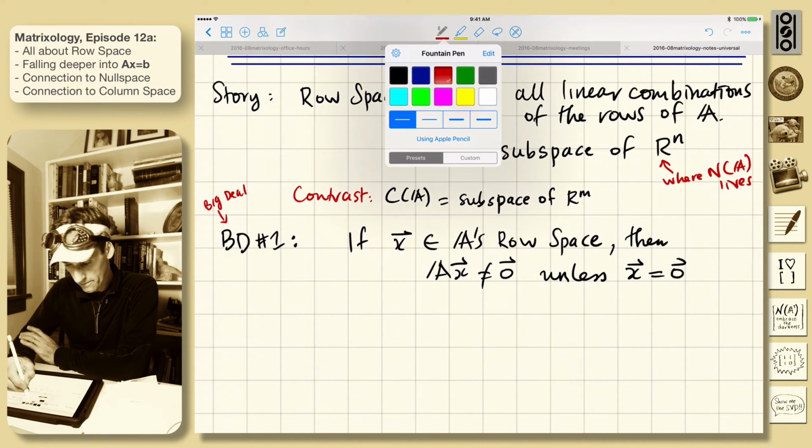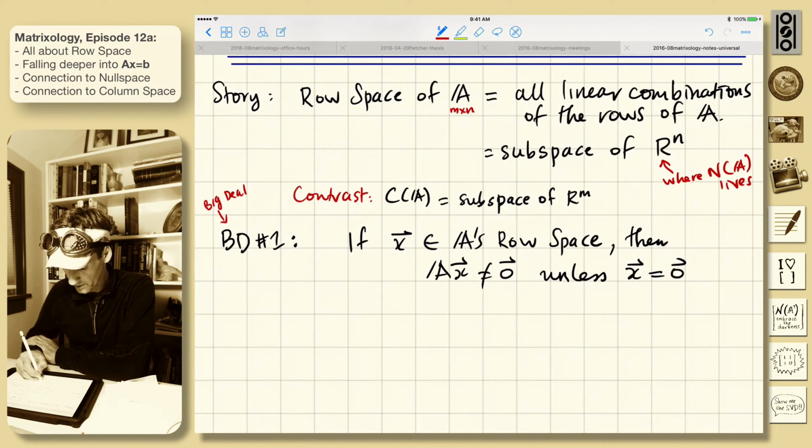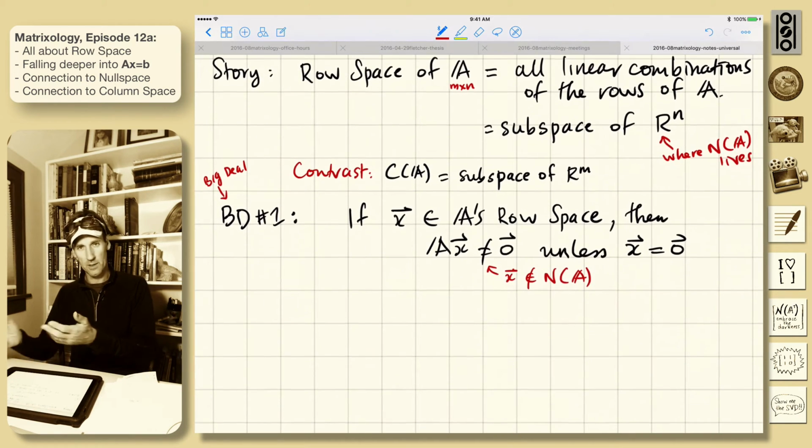It's just an observation, connecting a little bit to the null space. So x is not in the null space of A unless it's 0.